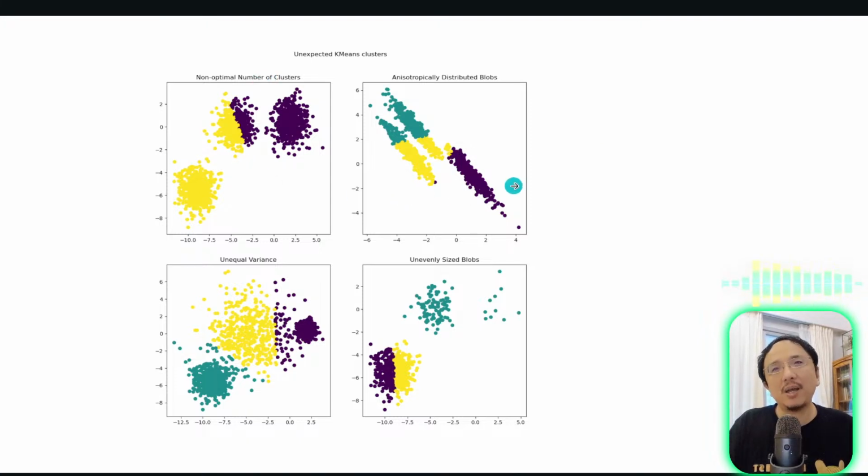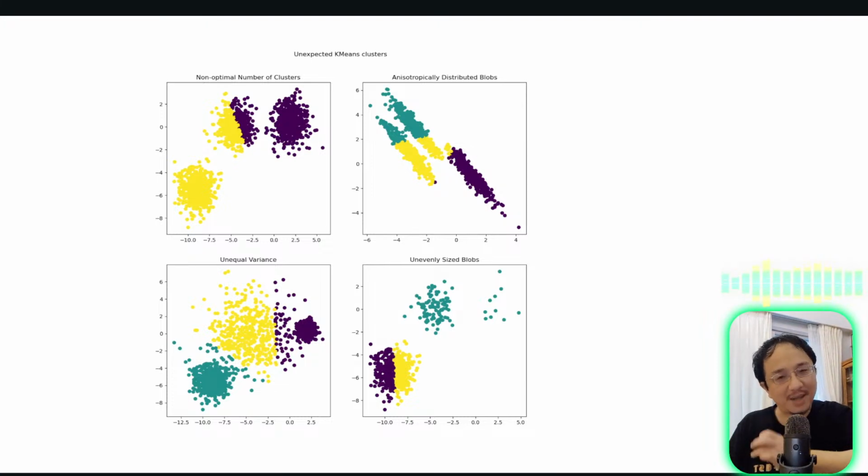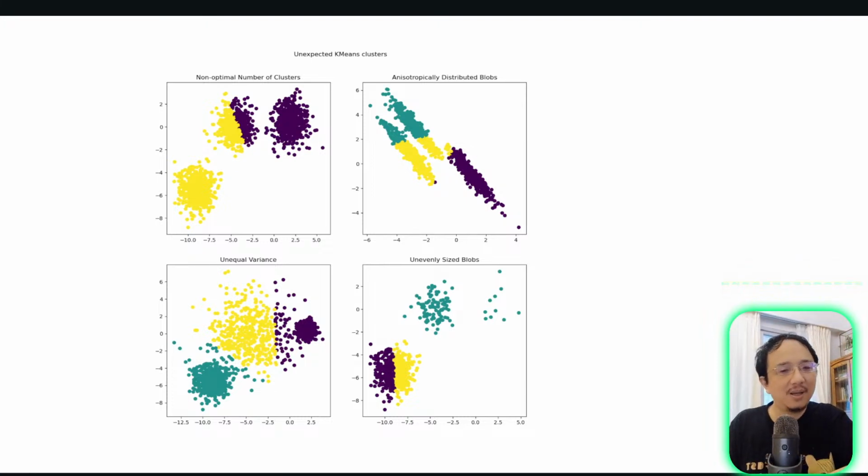The other issue is that sometimes we want to cluster things, but samples being in the same cluster is not equivalent to saying they all have small distances.